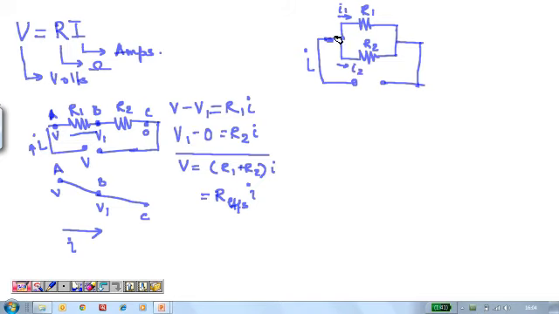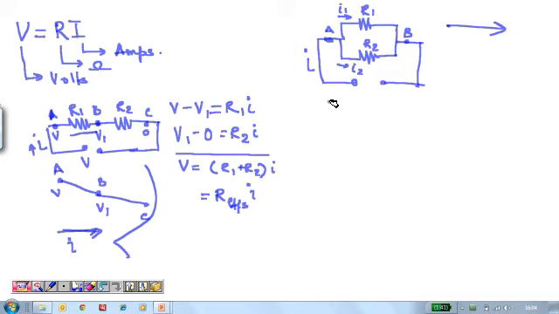The voltage across A and B, that means across each resistor, remains the same. So, as opposed to the series situation where the voltage was falling and the current remained the same, in this case the current is changing across the different resistors, and the voltage remains the same.